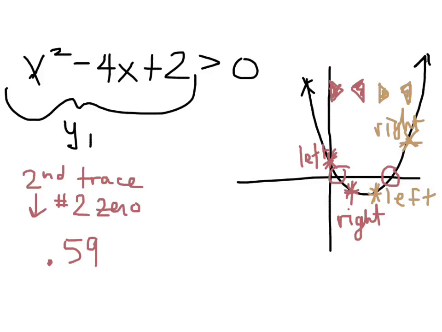What's the other x? 3.41. Does the y not matter? Does the y matter? That's a question that Sydney asked. No. In the original problem, Sydney, was there a y in it? No. So you're only finding x's.